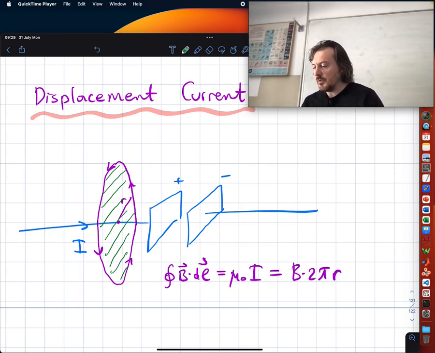So you can stretch this area while preserving the loop. You can, for example, stretch it like this.